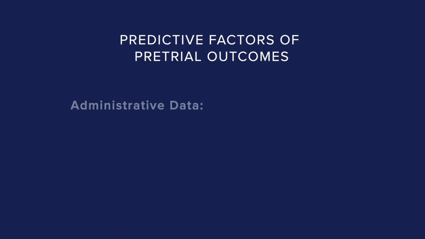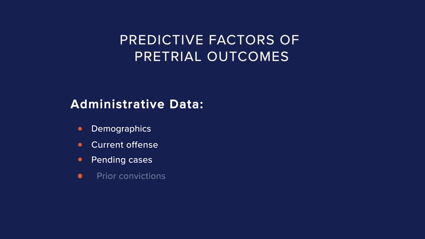Next, using this massive data set, the researchers examined relationships in the data. They looked for statistically significant relationships between predictive factors and pretrial outcomes. The researchers tested factors that drew on data from administrative databases, including demographics, current offense, other pending cases, prior convictions, and court appearances.